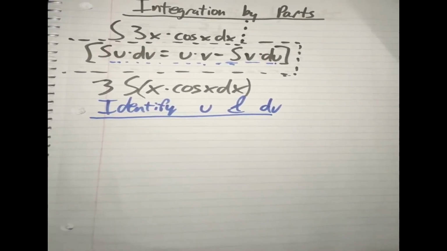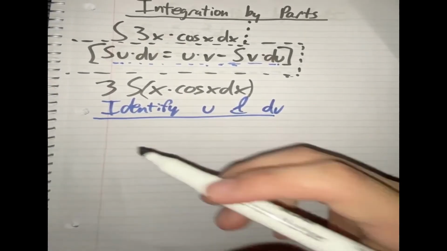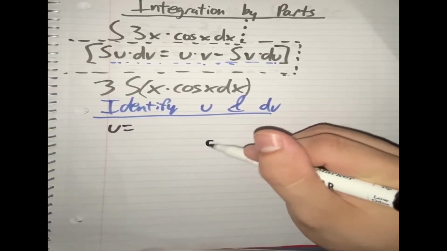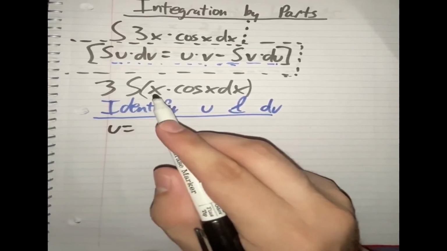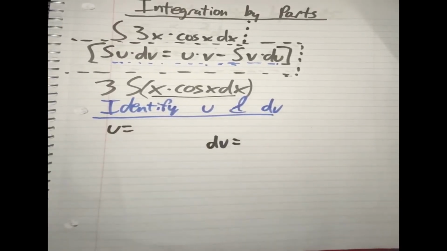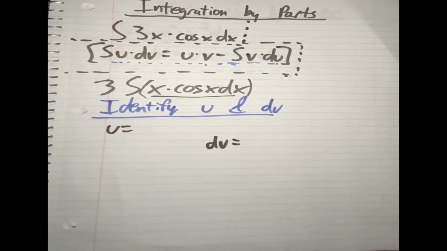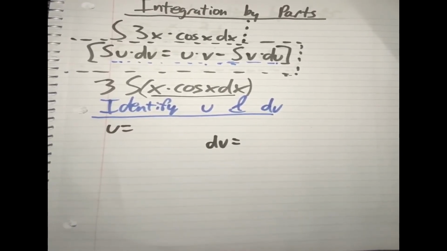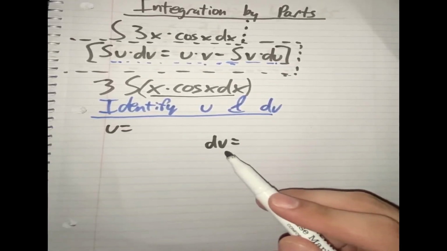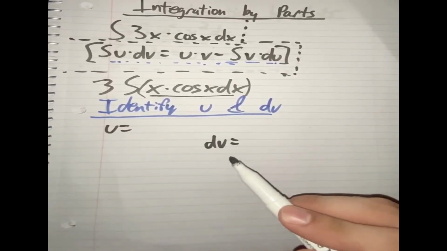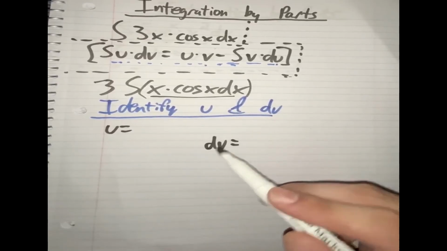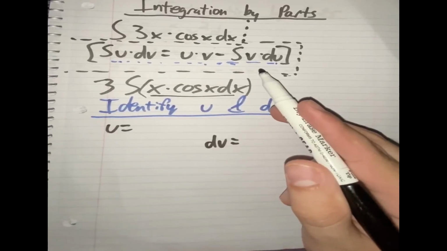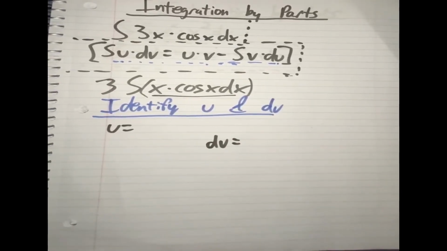So that's what we're going to do, and we set it up like this. We have a u and a dv, and these come from this function right here. But the key step is, how do we select which one's which? At the end of the day, we select a u and a dv, and based off of these selections, we get our v by integrating dv, and we get our du by taking the derivative of u, and we plug them into this formula to solve integration by parts.